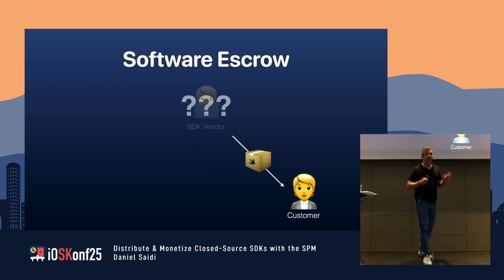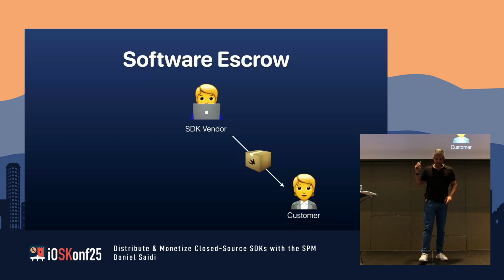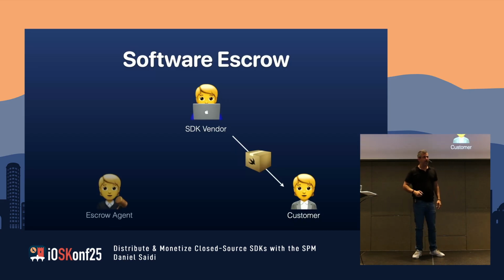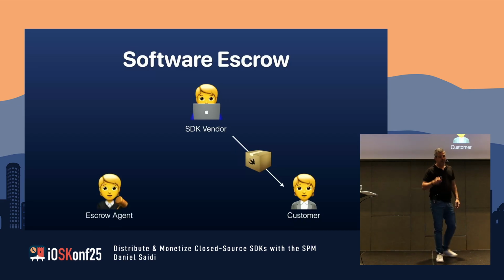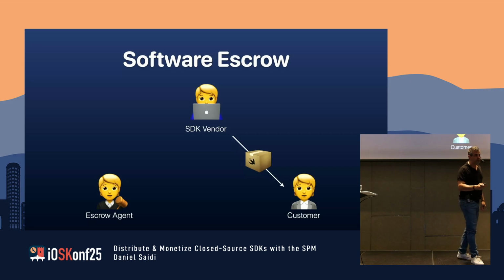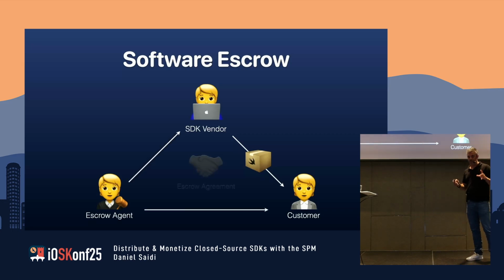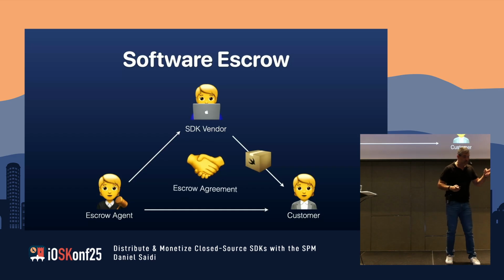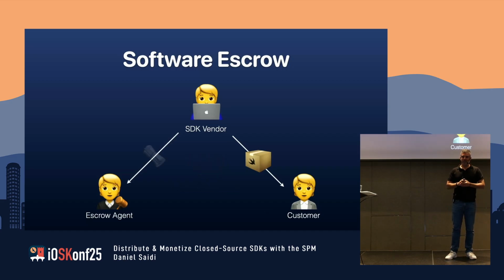The answer is software escrow. You basically involve a third party, an escrow agent, that's going to serve as a legal partner. This agent is going to send out a three-part agreement to you and your customer. You're all going to sign and shake hands, and after that, hopefully, you will have enough courage to send them your private source code.